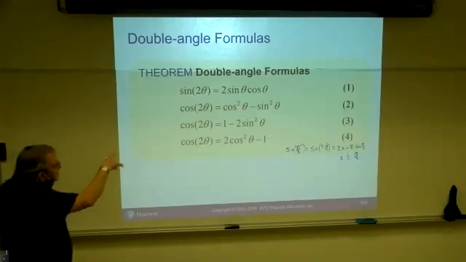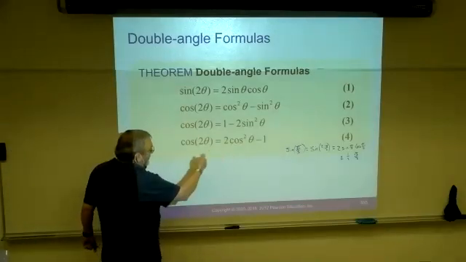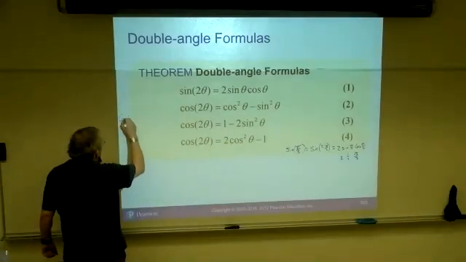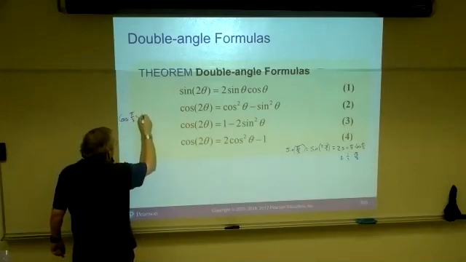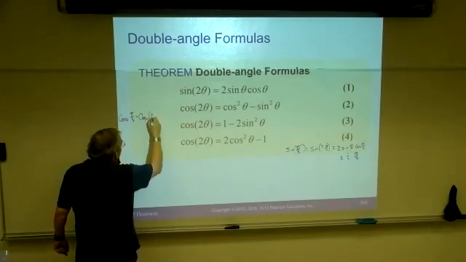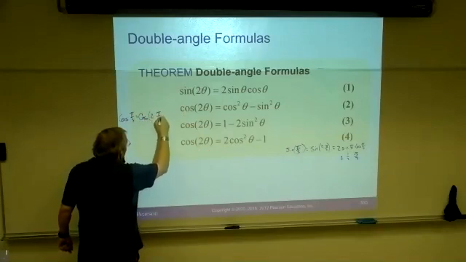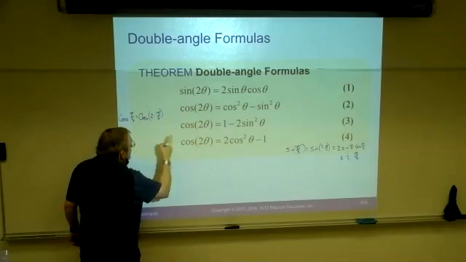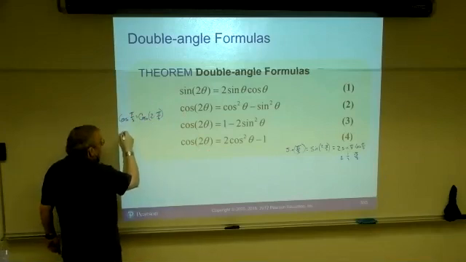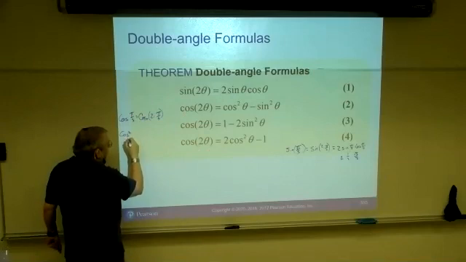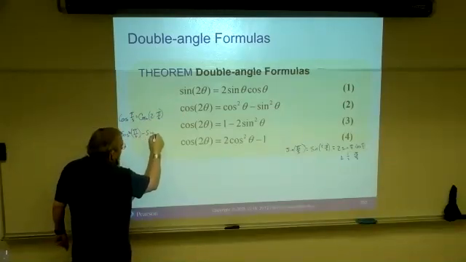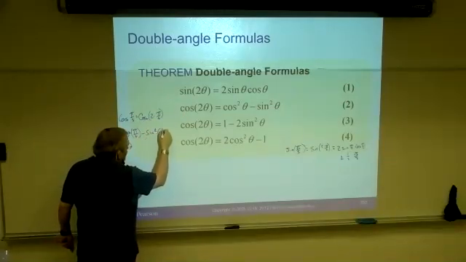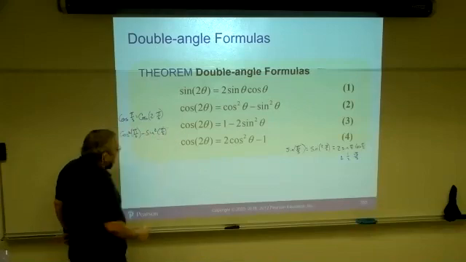Well, let's do this on the same angle. Cosine of pi over 3 is the same as the cosine of 2 times pi over 6. So we're going to do cosine squared of pi over 6 minus sine squared of pi over 6.